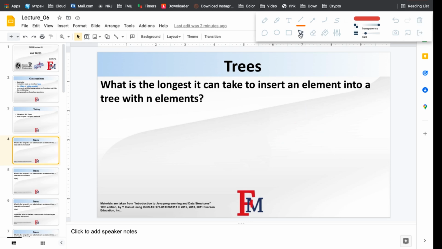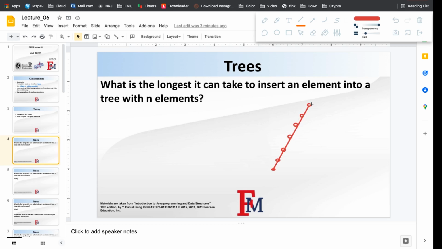Why? It's possible if my tree looks like this. Imagine it's a binary search tree and it's just one straight line: 0, 1, 2, 3, 4, 5, 6. I'm trying to insert, let's say, -1.